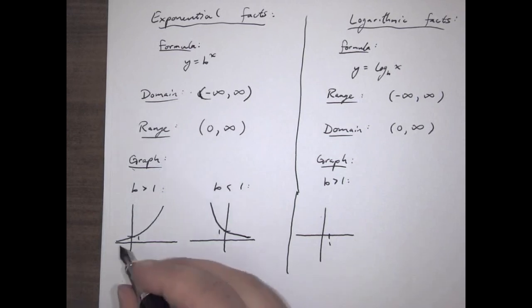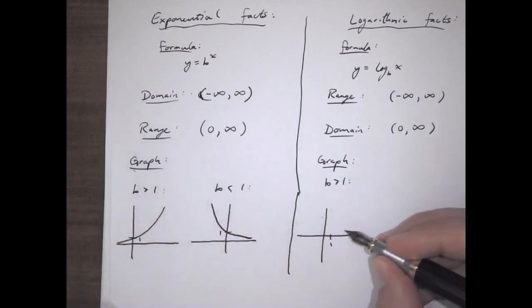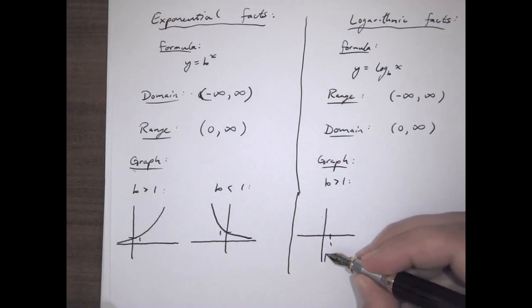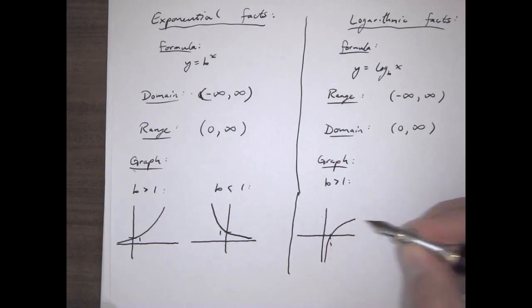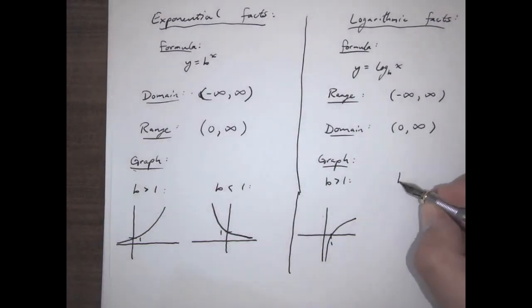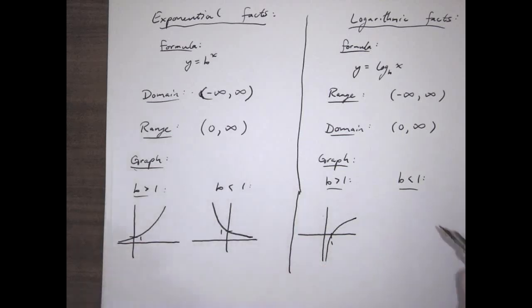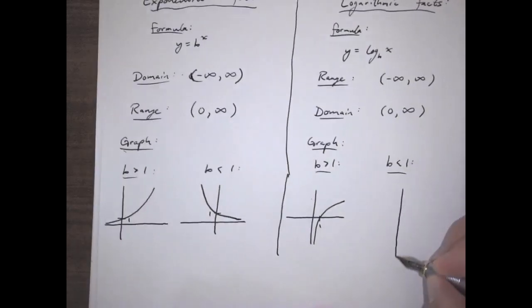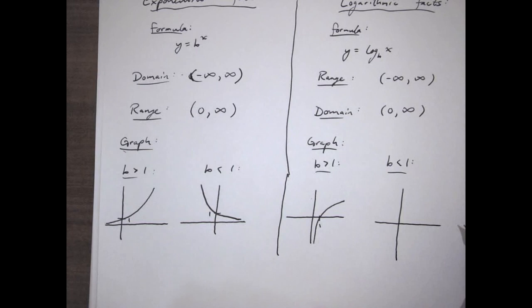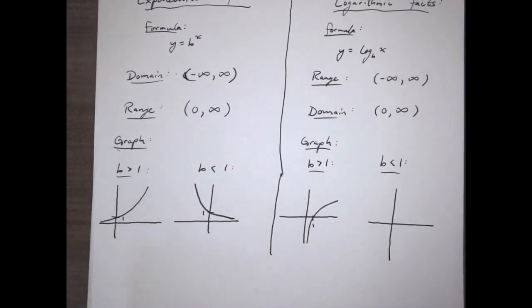And notice that here it's getting pulled up in the direction of the y-axis, which means this one's going to be getting pulled out in the direction of the x-axis. And then b less than 1 is going to be the reverse situation. You can think of this one as being a horizontal reflection of this one, which means that this one is going to be a vertical reflection of this one.